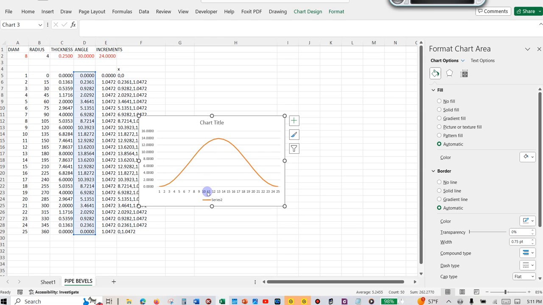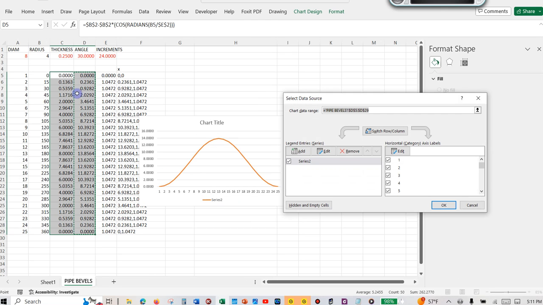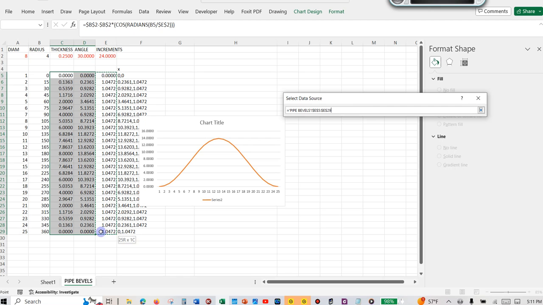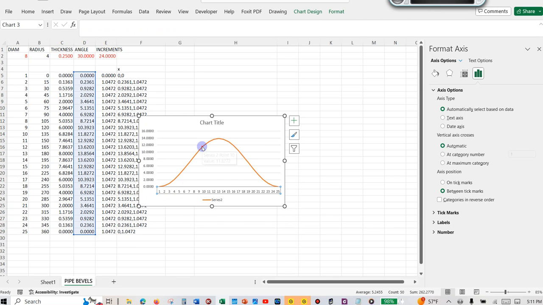And then the width is insert, select data. And I want this data here. Right here. But that's not right. We have to modify it.